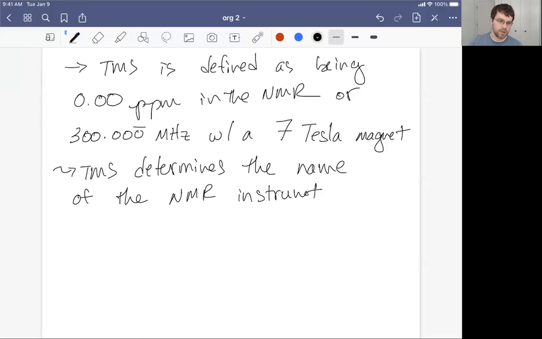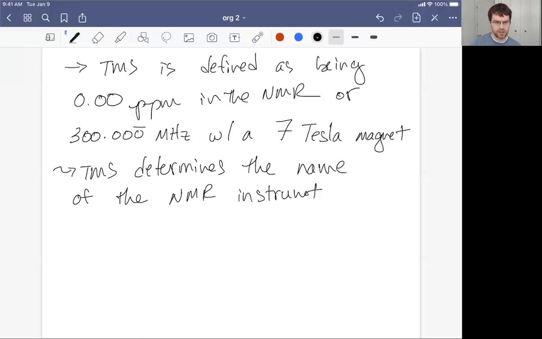Now, what we want to do then is go back to our idea of going from megahertz to parts per million. I've already given you a little bit of a hint, not a very good one, but I've said already that TMS is 0.00 parts per million, or in the case of a 7 Tesla magnet, 300.0 on forever megahertz. Yeah, 0.00 parts per million, 300 megahertz.